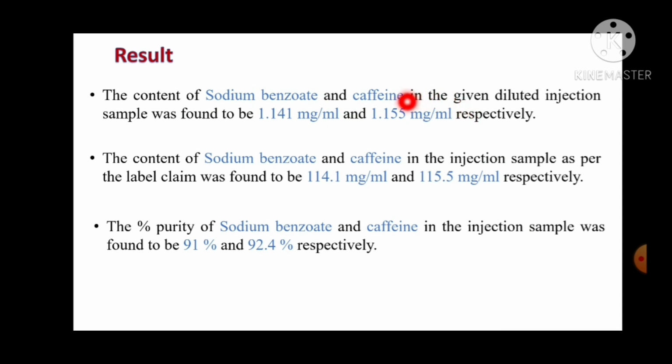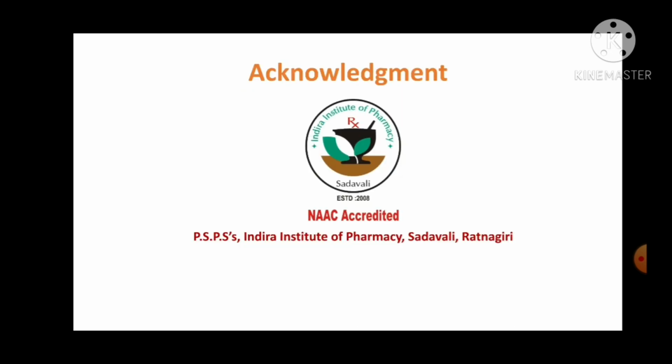Sometimes you may be asked to report these values in microgram per ml, especially for the given diluted injection, so you need to take care. Just convert the values into milligram or microgram, whatever is asked in the examination.